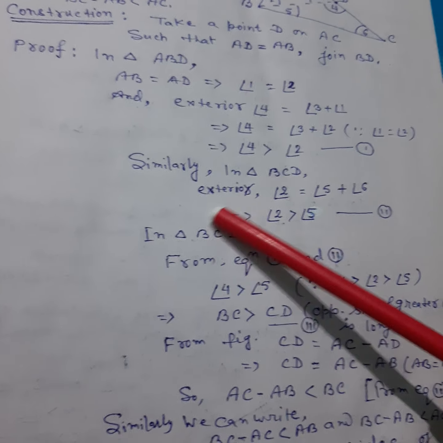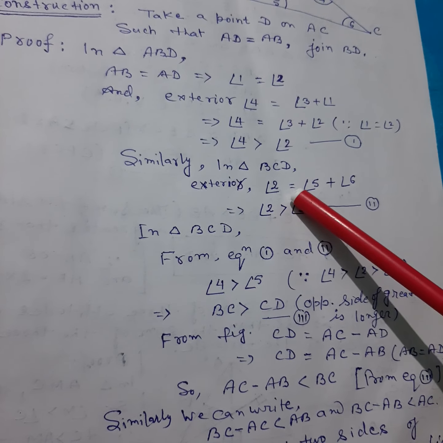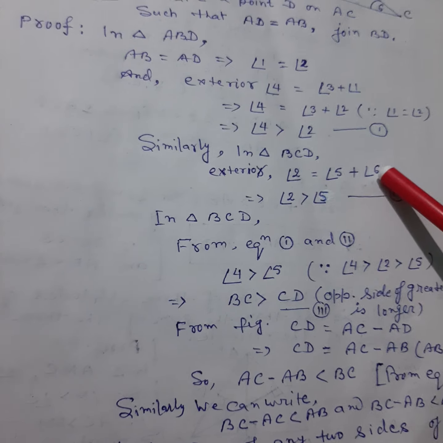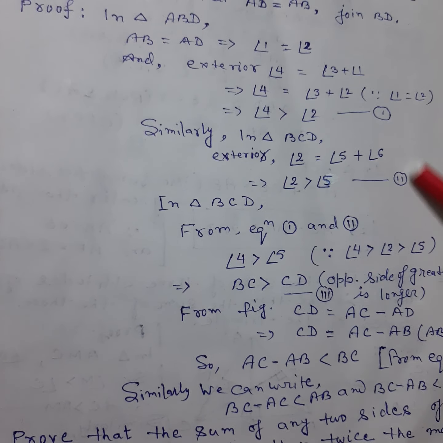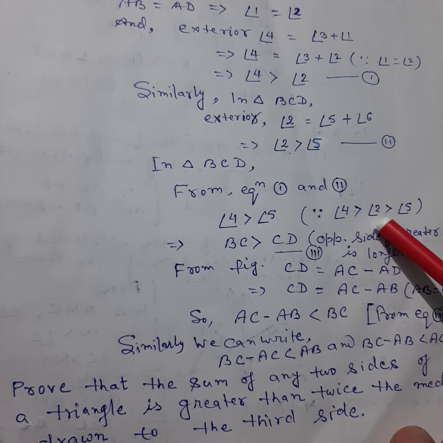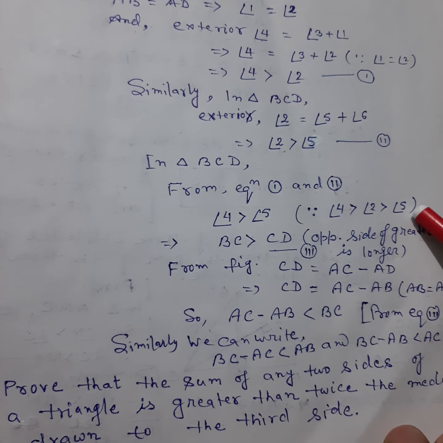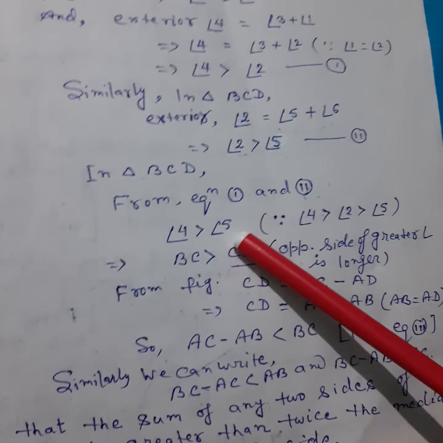Equation 1. Similarly in triangle BCD, exterior angle 2 equals 5 plus 6, or angle 2 is greater than 5. By using equations 1 and 2, we can write 4 greater than 2 and 2 greater than 5, so angle 4 is greater than 5.